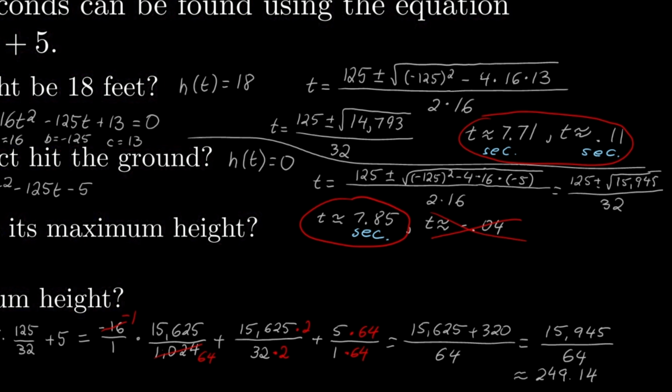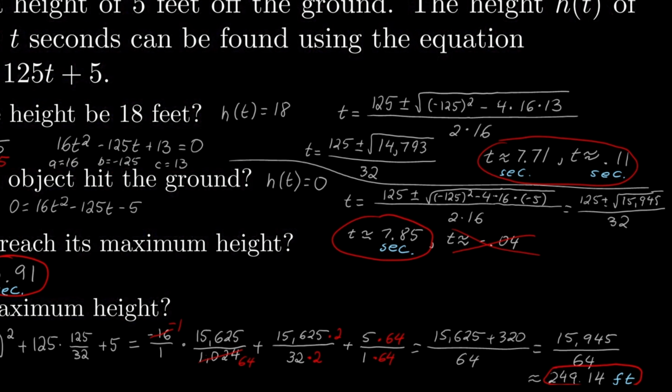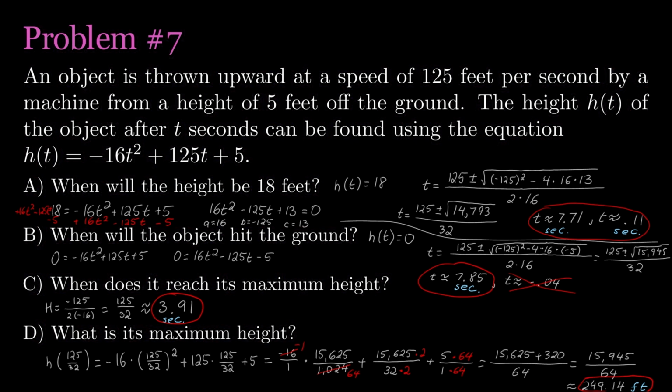And we acknowledge that the height in here is measured in feet. So it will be about 249.14 feet for the maximum height of our object. And that will be it in this problem.